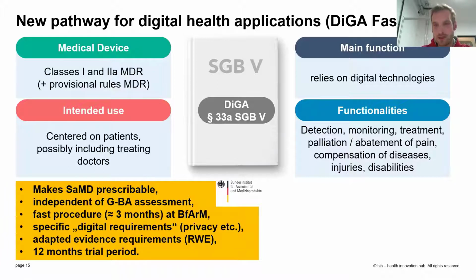And we have specific digital requirements. That's of course very important for something that is specifically designed for digital health applications. And we have adapted evidence requirements, which is also very important, because we are not only relying on the randomized controlled trial anymore, but we are also accepting real-world evidence here.